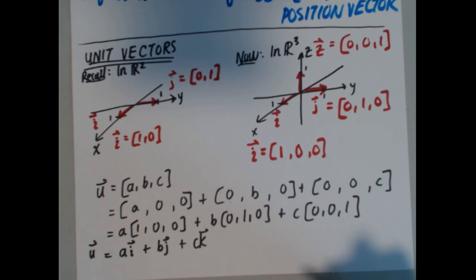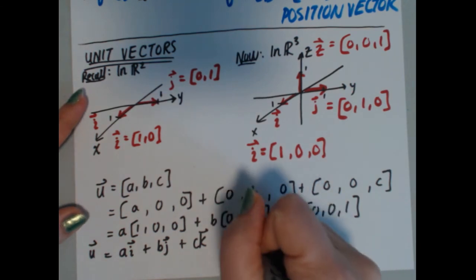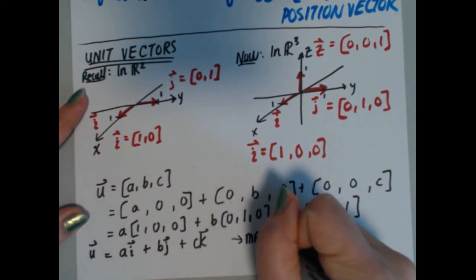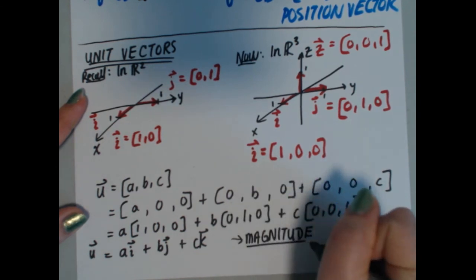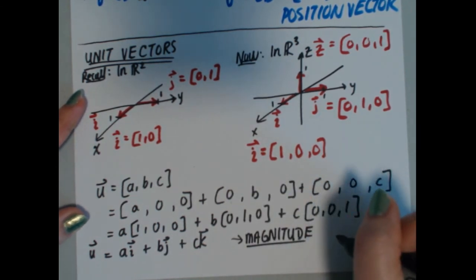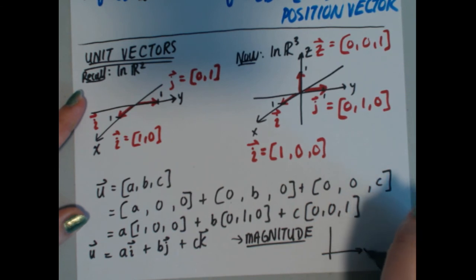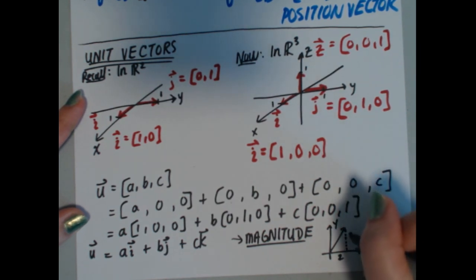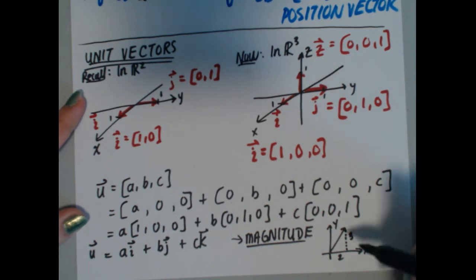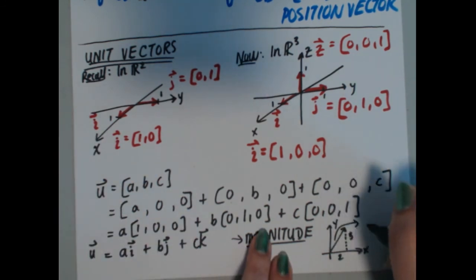Now, that is rewriting the vector. How do we find the magnitude? If you remember, when we had two-dimensional vectors, the magnitude was really simple. We just used the Pythagorean theorem, right? So if you had, let's say, here's your x, here's your y, you had some kind of a vector like this, and the x length was 2 and the y height was 3, then the hypotenuse would be the square root of 2 squared plus 3 squared.